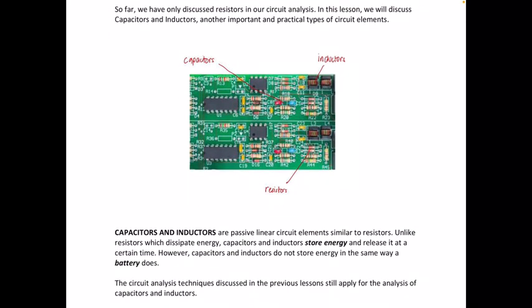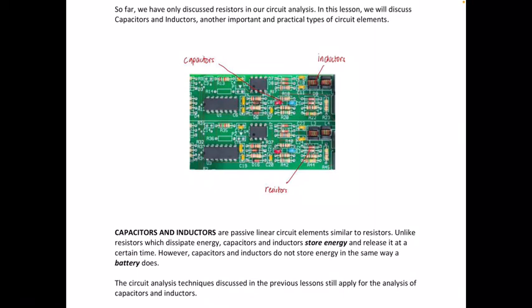Capacitors and inductors are passive linear circuit elements similar to resistors, so they are on the same level. Unlike resistors, which dissipate energy, capacitors and inductors store energy and release it at a certain time.